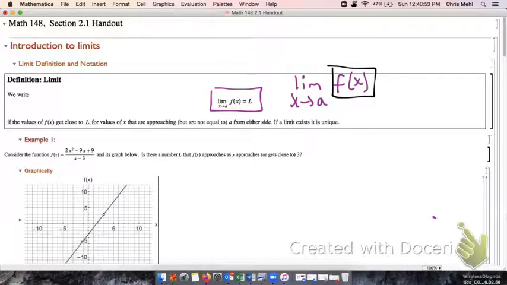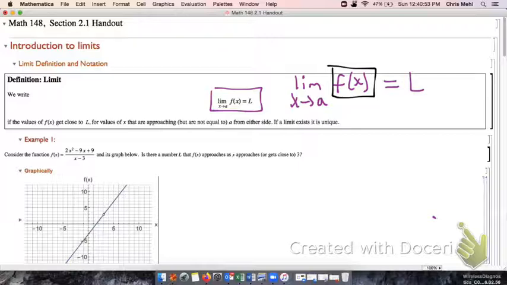And basically what we're saying is, what are these outputs approaching as the inputs x get close to a value a? And then what you will say is that if there's a number L, so that f of x approaches L as x approaches a, we're going to say that the limit of f of x as x approaches a equals L. I'll be able to show you some algebraic examples, some graphical examples, and as well as just to do some kind of heuristic investigation making tables.